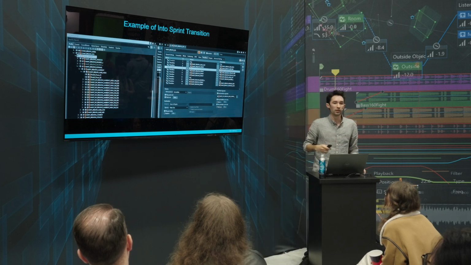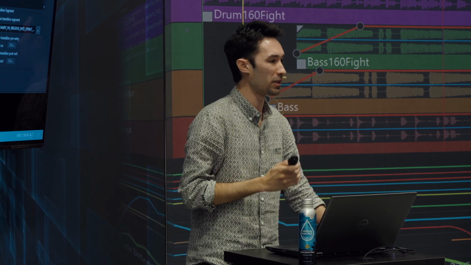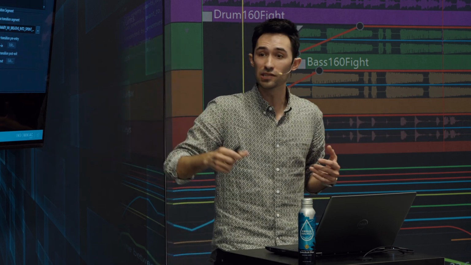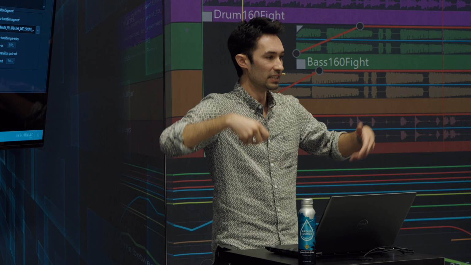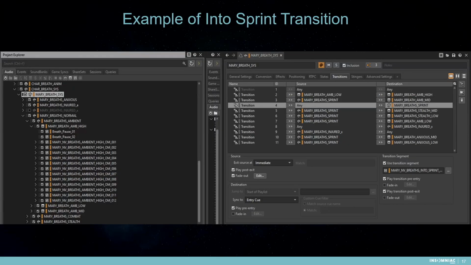When that happens, in this specific situation, we said, instead of using the exit cues, we're going to make this immediate, because in this specific situation, transitioning immediately felt better to us. And we're going to use the transition segment that I said earlier, which is into sprint. So basically, the result of that is, let's say you're idling, and then she starts sprinting immediately. She'll go immediately from that breath into the sprint, and she'll start sprinting.